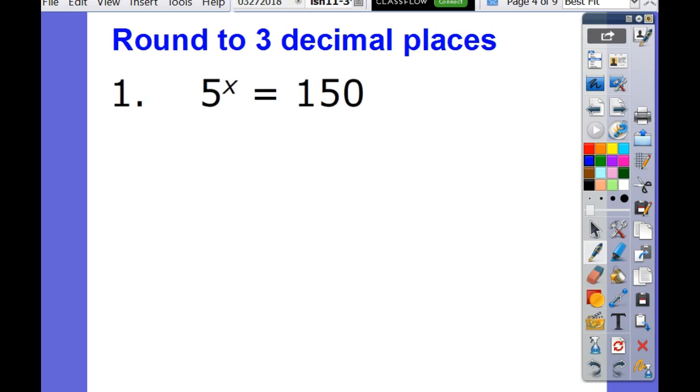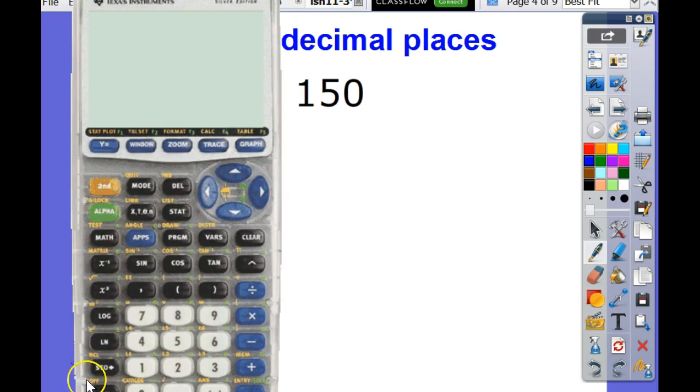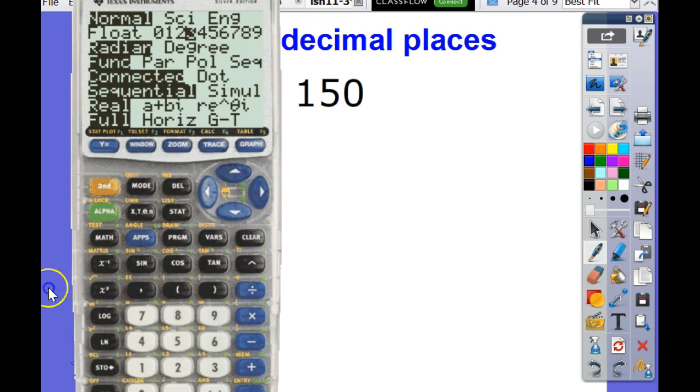Yesterday we were rounding to 4 decimal places, but today we are rounding to 3 decimal places. How can I use my calculator to do that? Go to the mode part of your calculator and set the decimal on 3.